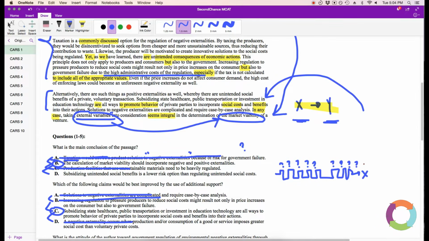As opposed to that, what I like to do is know where I am heading first. What is the point that I'm trying to get to first? That way, as I'm reading the passage, I know what points to turn at and pay attention to. I know what details are relevant. Boom, boom, boom, and boom.